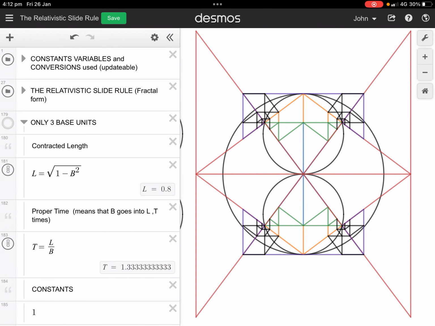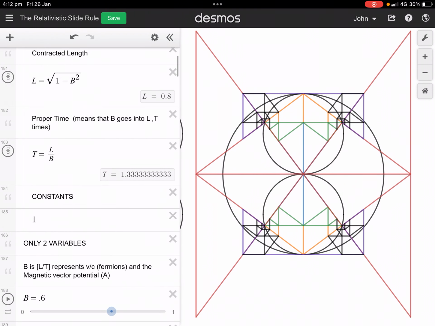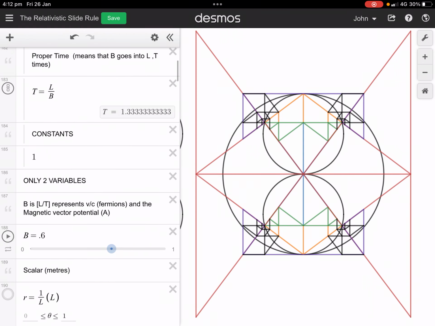And there are only three base units. L, that's the Lorentz transform. T is just the usual velocity, is distance over time, and for all the constants 1.